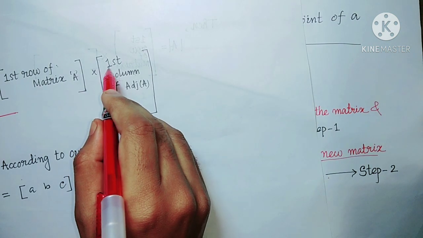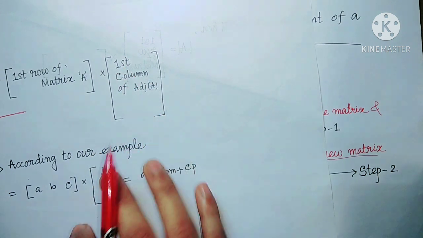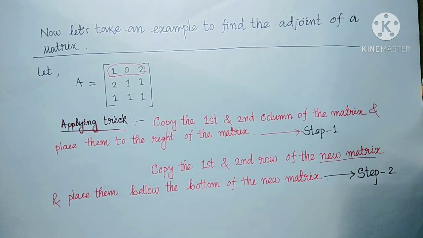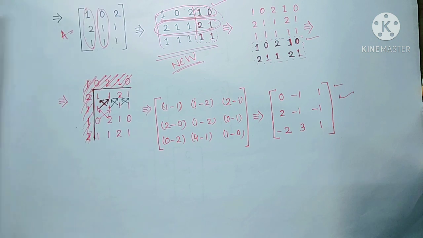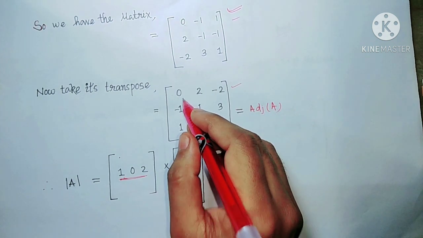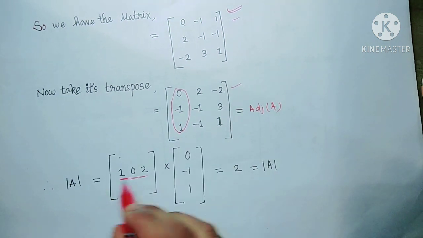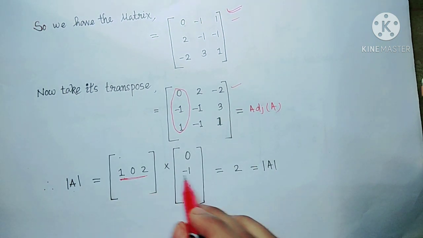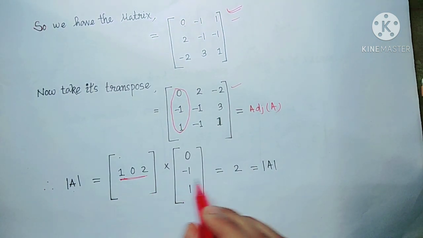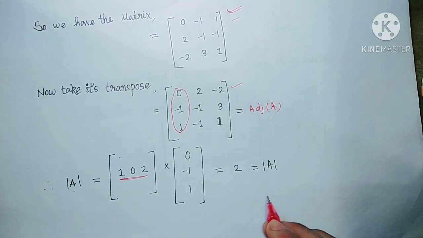We have to multiply it with the first column of the adjoint of A. Where is the adjoint of A? This is the adjoint of A, and its first column is this part. So you multiply, and you must get 2 here. So this is the determinant of the matrix.